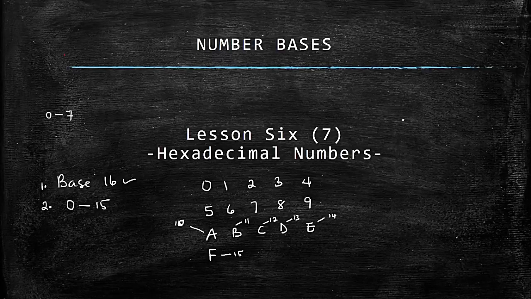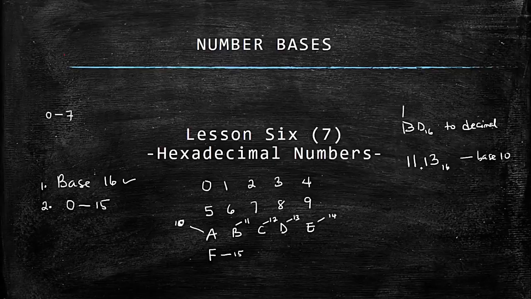So don't be confused when you see questions that say, for example, convert BD in base 16 to decimal. This is totally normal. What you are going to do is ask, what does B represent? It represents 11. And what does D represent? It represents 13. So they say you should convert 11 13 in base 16 to decimal, to base 10.